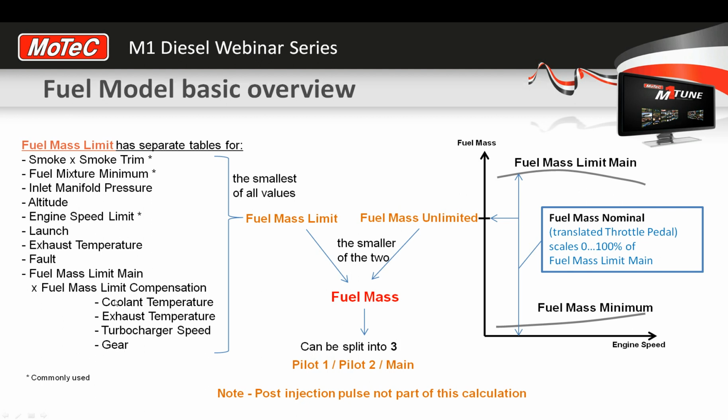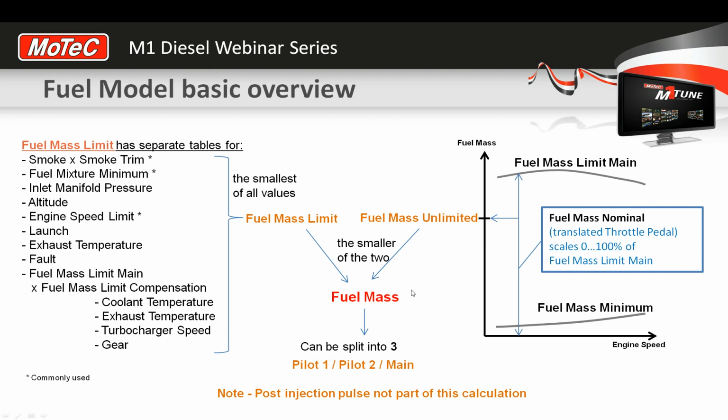We can remove power based on any of these at the last part of the calculation, no matter which one of these tables is in control. So the final result of any of these limits has a compensation that can apply to it. I know there's a lot of fuel mass words in there, and it's probably a little confusing, but hopefully the diagram helps.